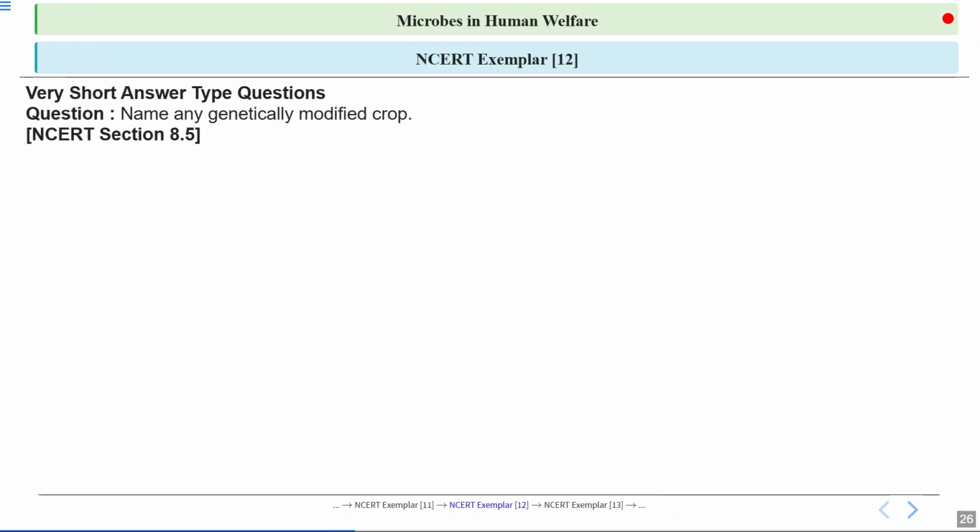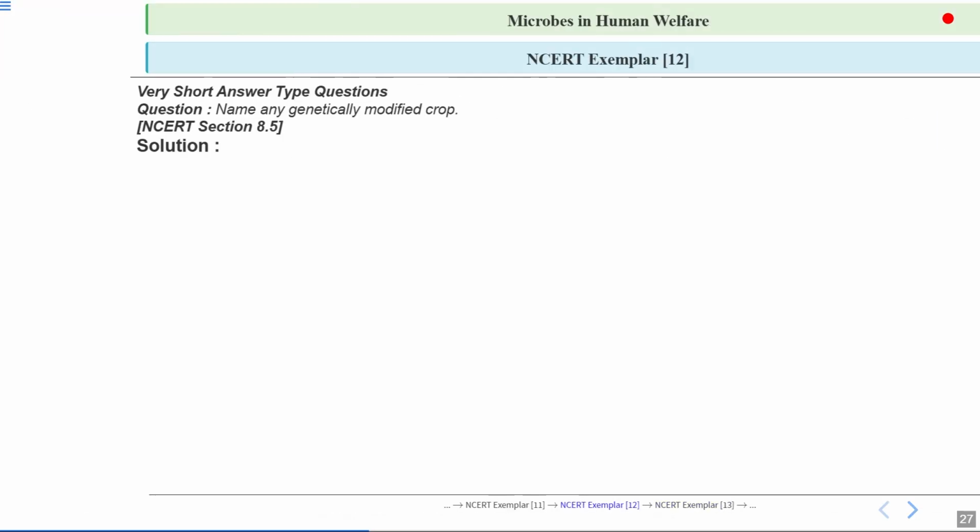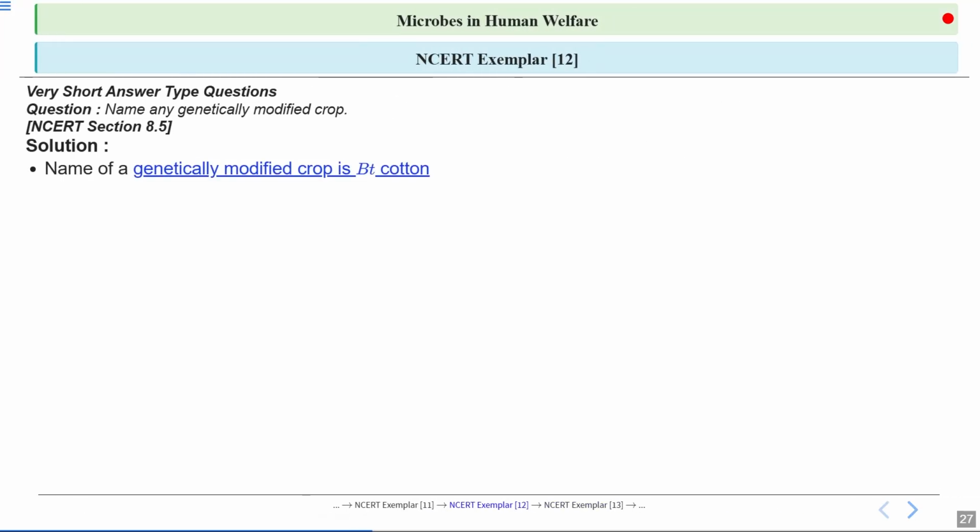Next question, name any genetically modified crop. Okay, so let's have a look at the answer. See, name of a genetically modified crop is BT cotton. So BT cotton has been modified to resist attack by insect pests such as cotton bollworm.